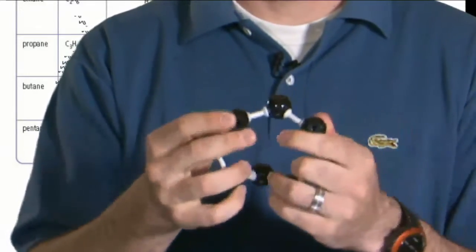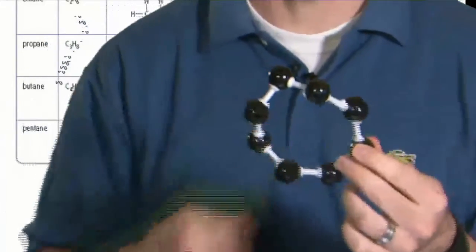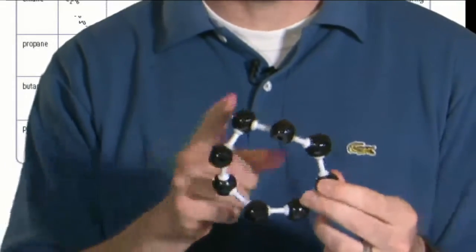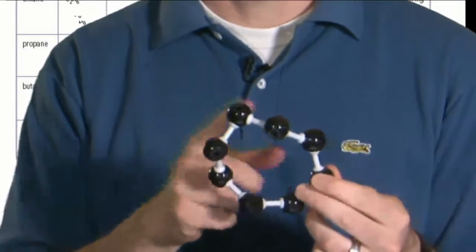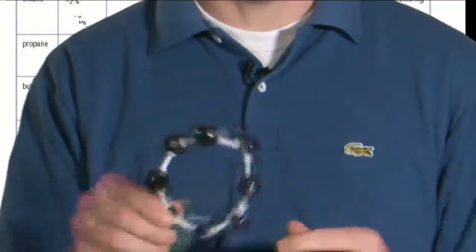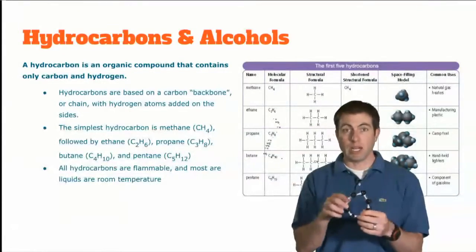And this is now called what? It has 8 carbons, so how do I differentiate this from regular octane? Well, because it forms a circle, I call this cyclooctane. I can have cyclohexane and cycloheptane. If I form a ring, it's now cyclo.